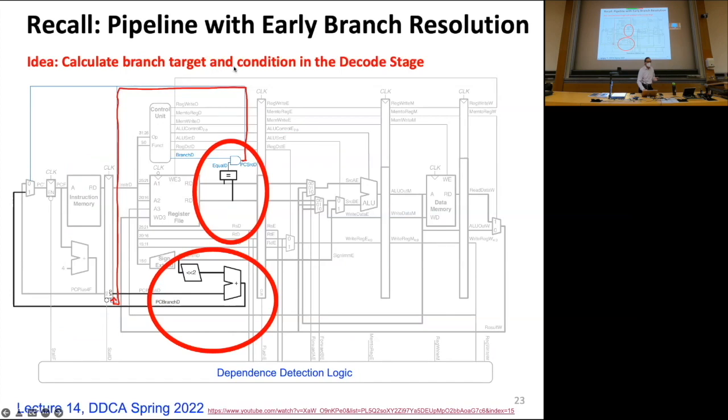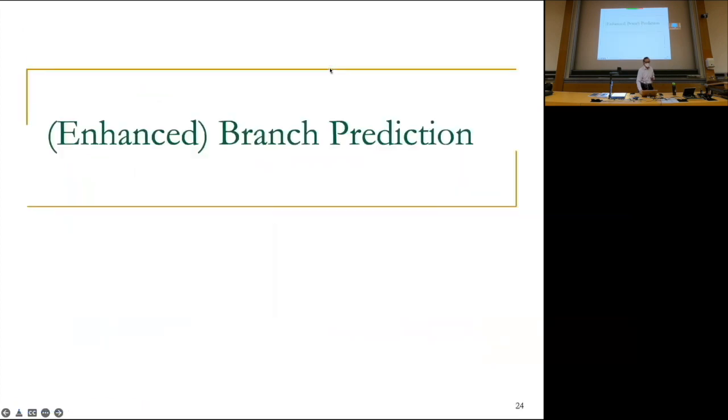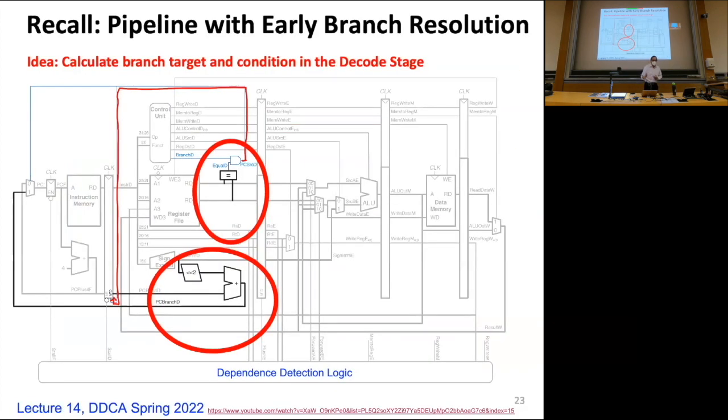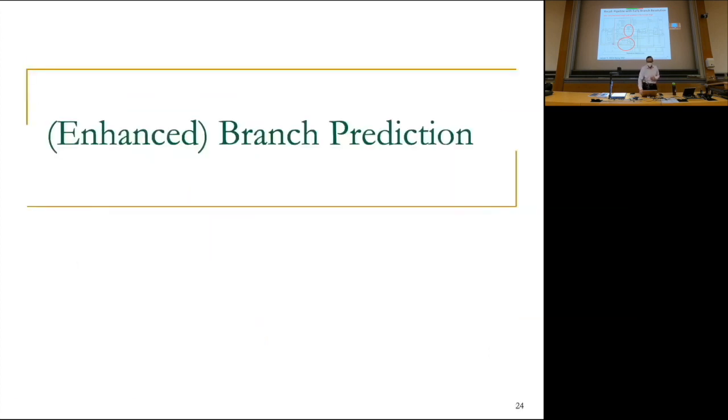We basically calculate the branch target and condition in the decode stage. But it's not necessarily a good idea, and it may not always be possible. Like in an out-of-order execution processor, this doesn't make sense, right? Can you actually compute it early? With unconditional branches, I mean, existing out-of-order processors are very complicated, so they may actually do some things very similar, but it's not easy to do completely.